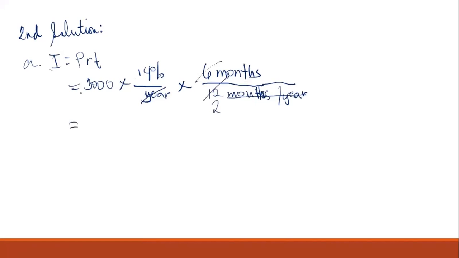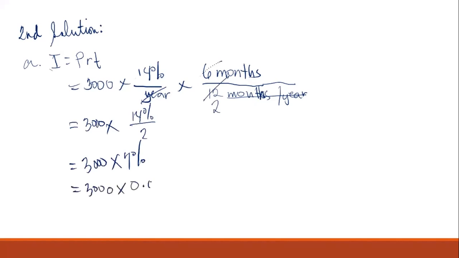Dito, para mas maayos, lagay natin dito 3,000 times 14% over 2 yan. So, this is now equal to 3,000 times 7% or 3,000 times 0.07. Kaya this is now equal to 210 pesos. Okay, so the interest is 210 pesos.